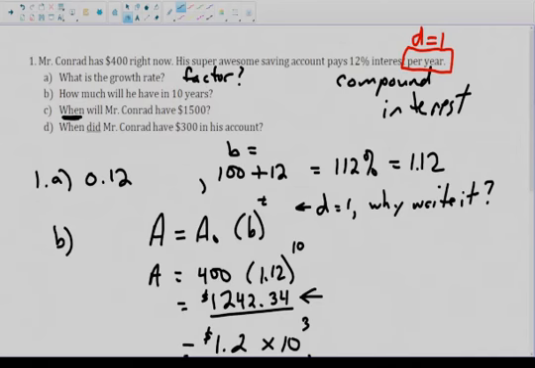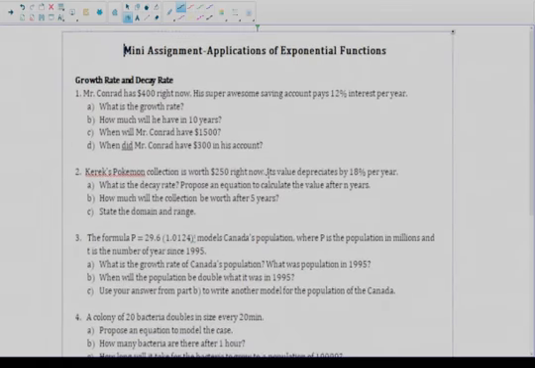Give me 1 second. I don't know how clear this is going to be, because I had to make it small so you could see the entire page. Okay, so this is the assignment from yesterday.